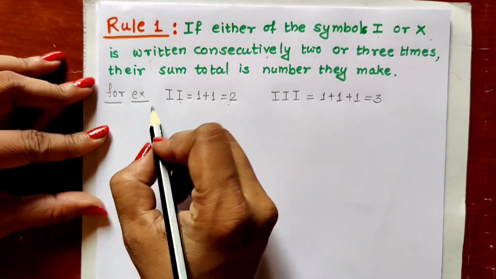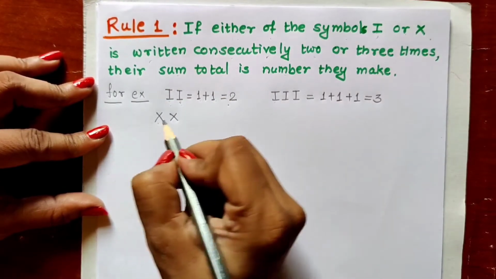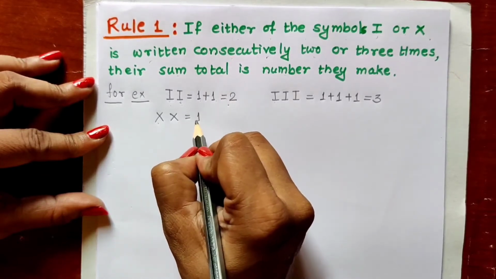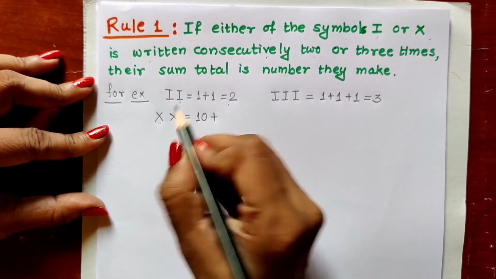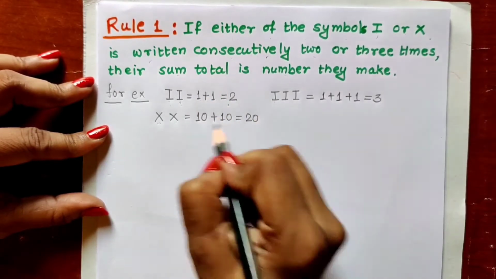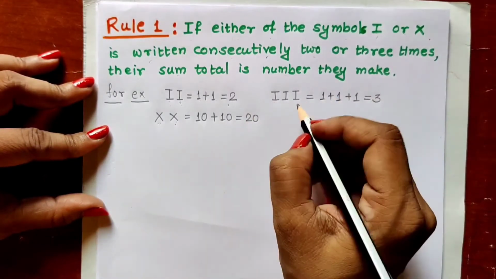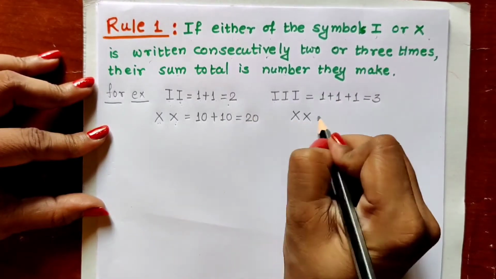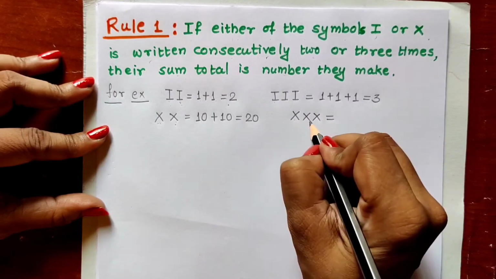Similarly, if you write X 2 times, 1 X means 10. So this first X is 10 plus this second X is also 10. 10 plus 10 means 20. So 2 times X means 20. If I write X 3 times, what will be its answer? This is 10, this is 10, this is 10.